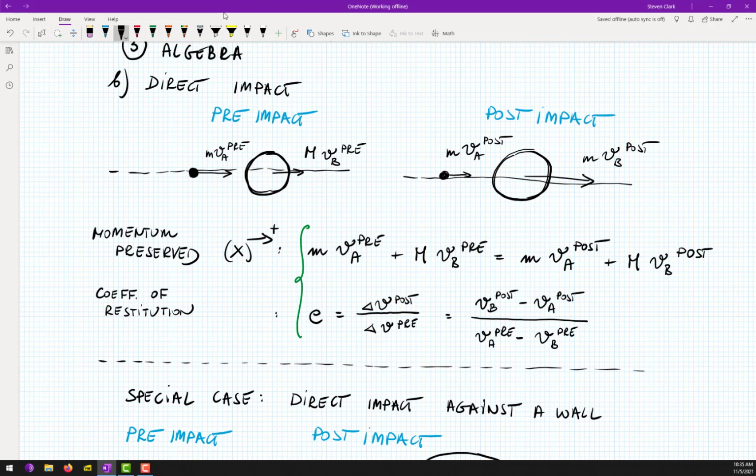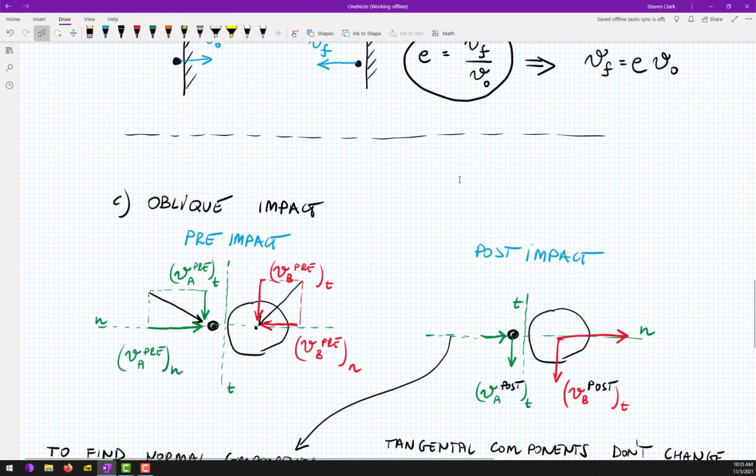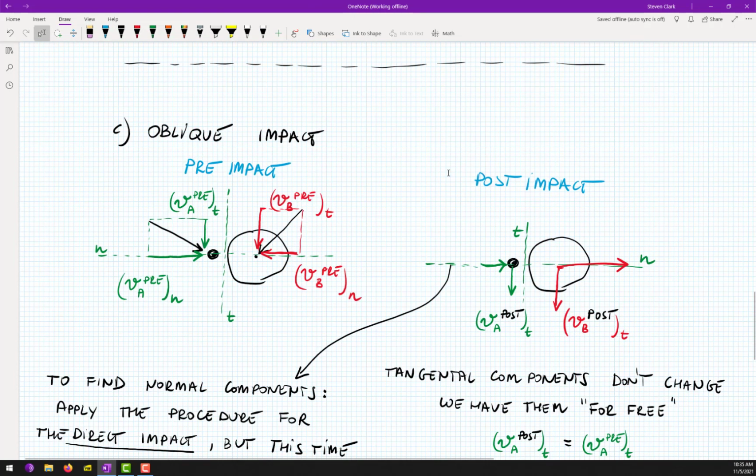However, in oblique impact, these velocities are not aligned with this line, which is called the line of impact, by the way. So what to do when these two black vectors are not aligned with the line of impact? Just project them on the normal direction and the tangential direction.